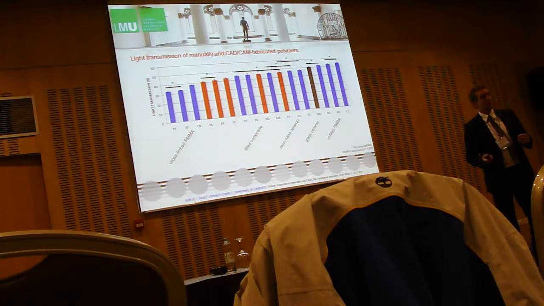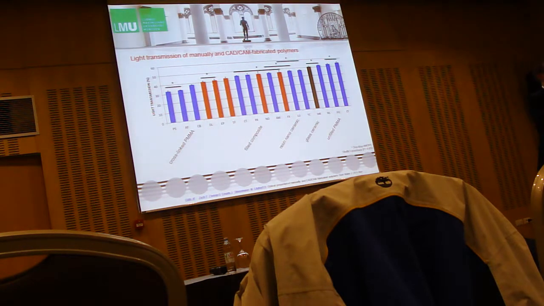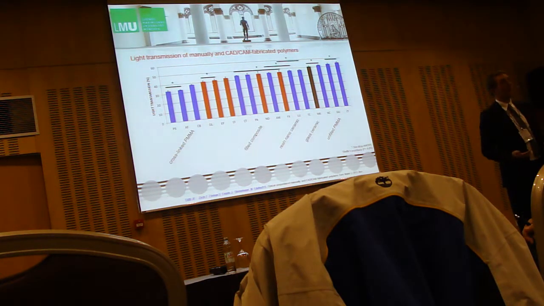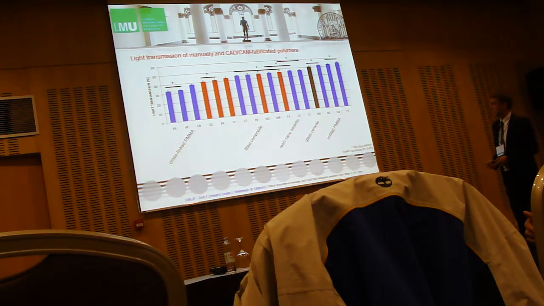So this means it's not about the material group, it's about the specific composition of the material. Given the huge range of materials, each material has to be considered. It's not possible to form groups here. This means for each material that we use clinically, we have to understand light transmission and optical properties.